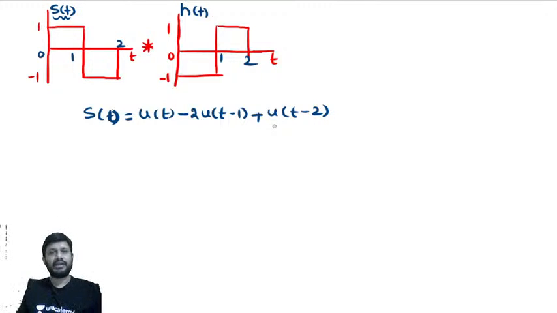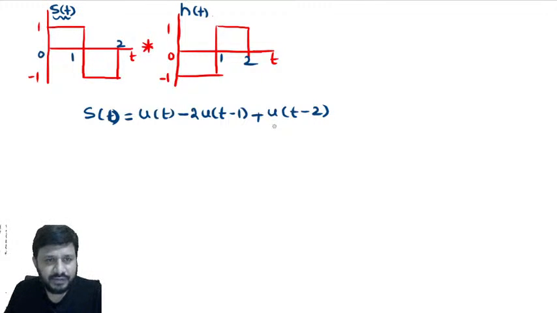Already we have seen this kind of synthesizing of the given signal in the first unit. This is s(t). Now what is the relationship between s(t) and h(t)?